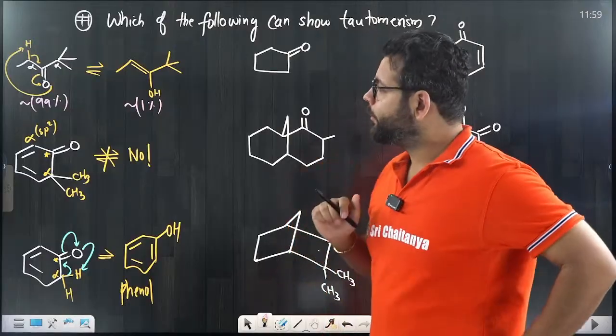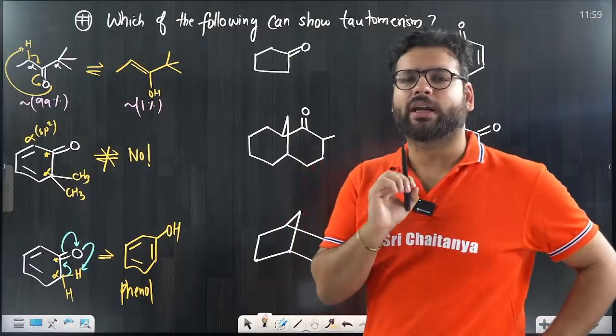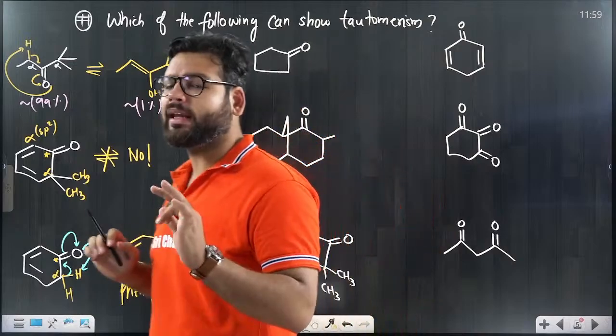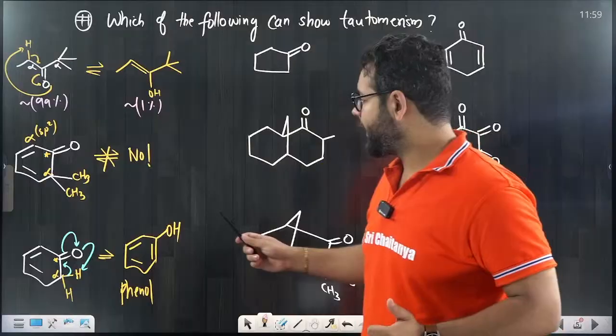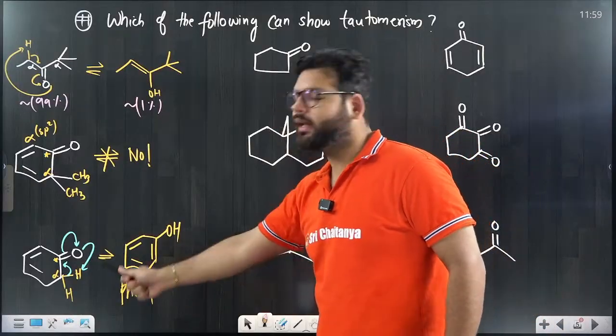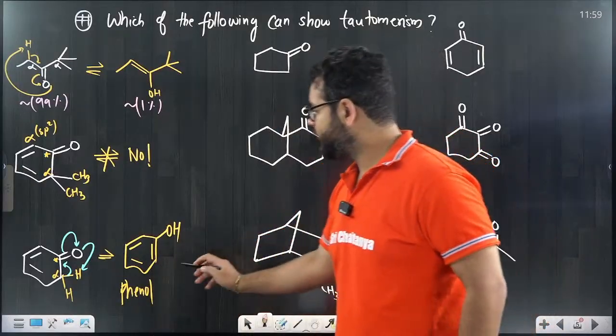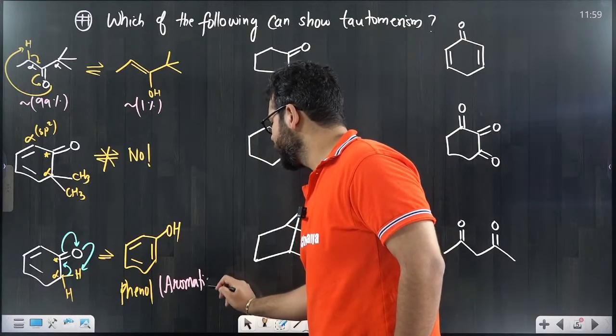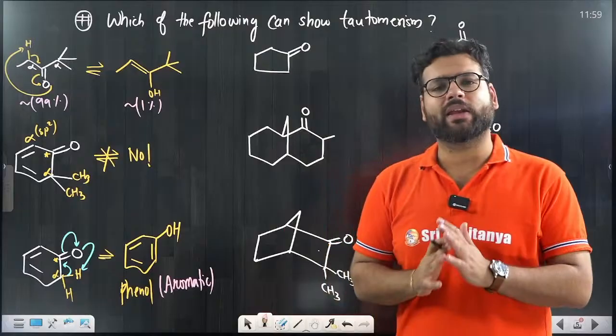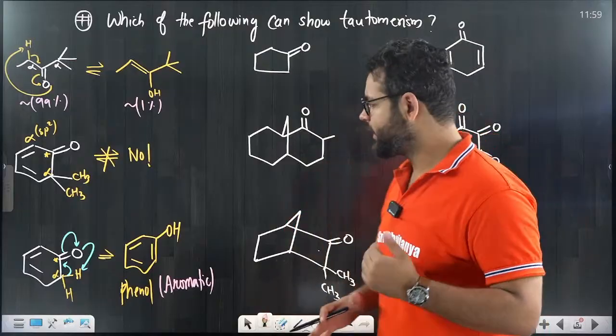But sometimes, only 2-3 times, it happens that enol becomes stable. When will that happen? Whenever you get the final enol as an aromatic compound. In this case, phenol is aromatic in nature. It has a benzene ring. Benzene rings are very, very stable when you study aromaticity.